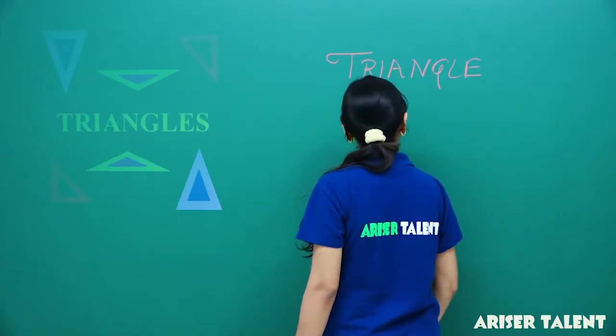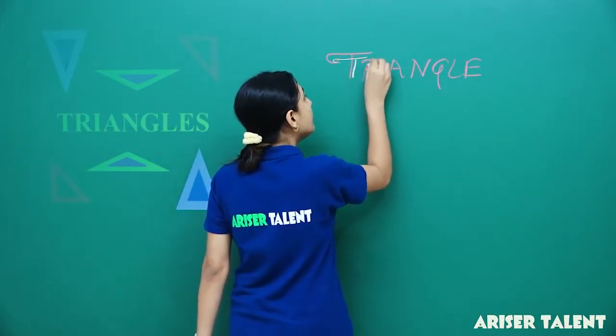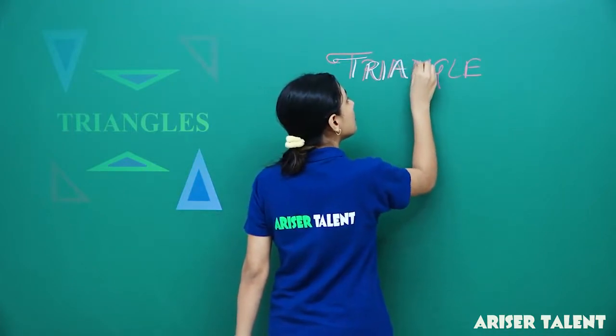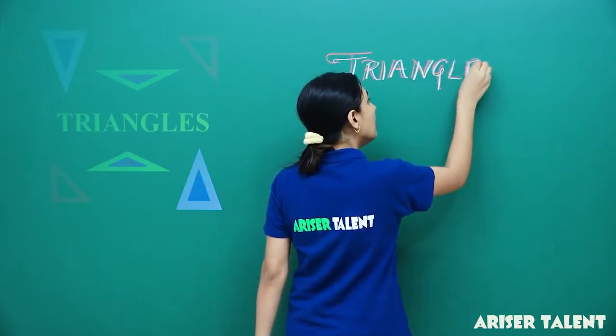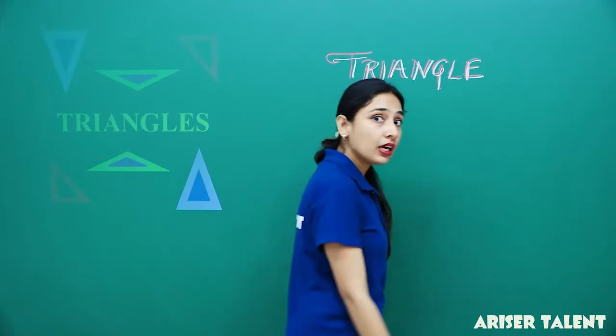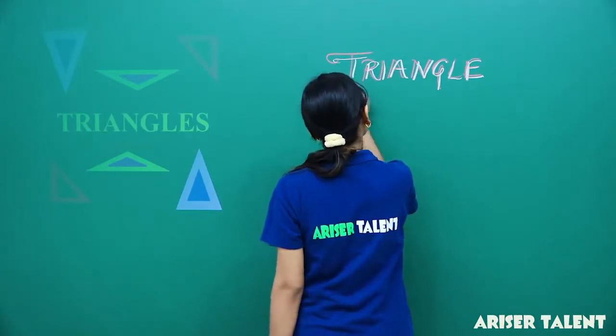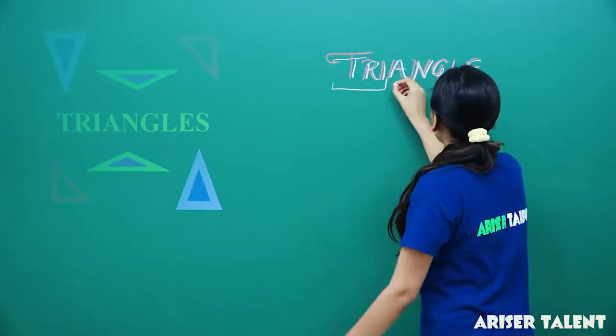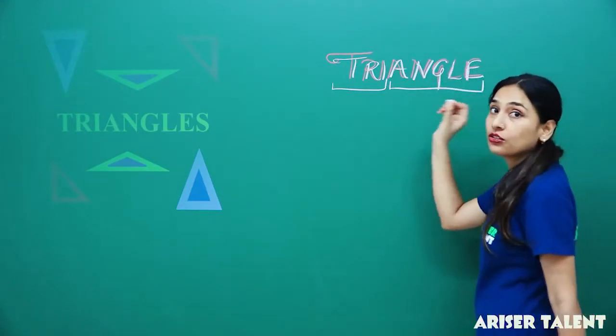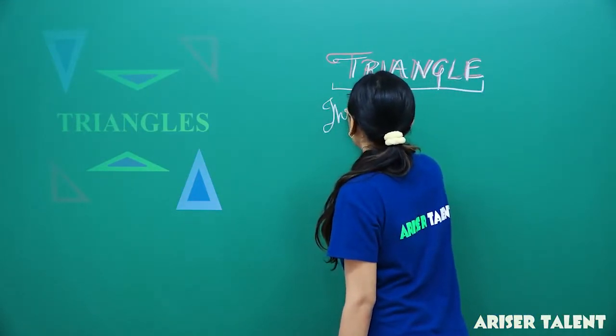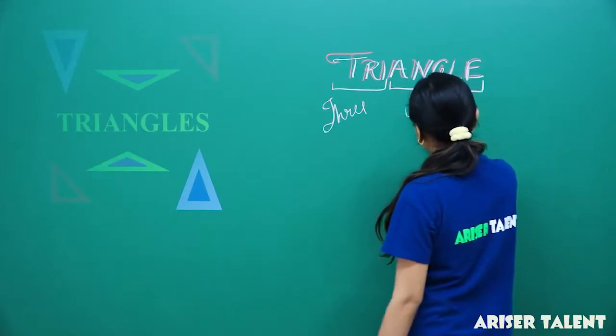So what does triangle mean? Triangle is simply a figure that consists of three angles. Tri is three and angle is an angle.